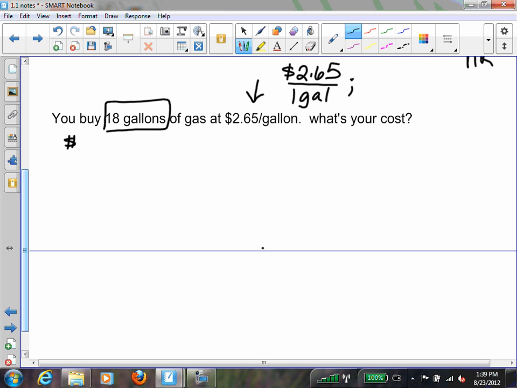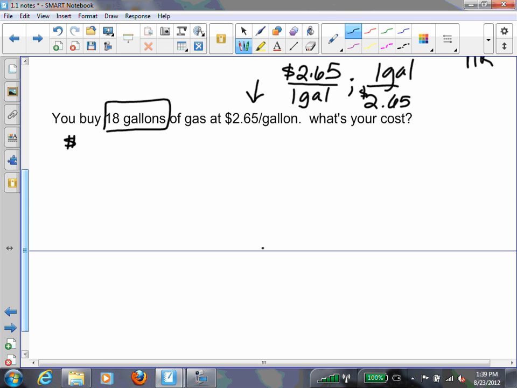I can say 1 hour is equal to 60 minutes. I can also say 60 minutes is equal to 1 hour. So I can say $2.65 is what 1 gallon costs, or I can say 1 gallon over $2.65. And see, we want to be able to flip our rate so that we can do our conversion appropriately, correct?